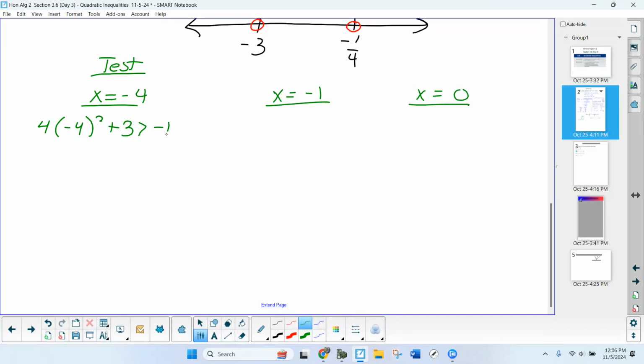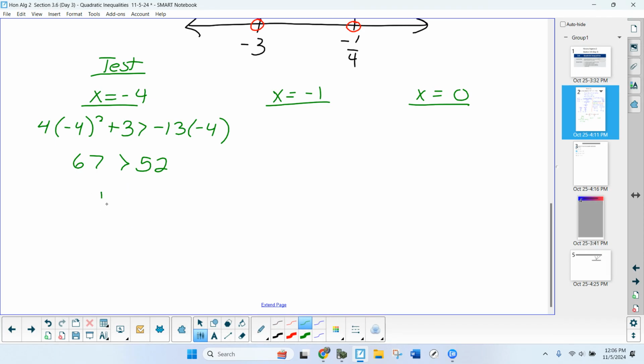Is that greater than negative 13 times negative 4, which is 52? Yes.